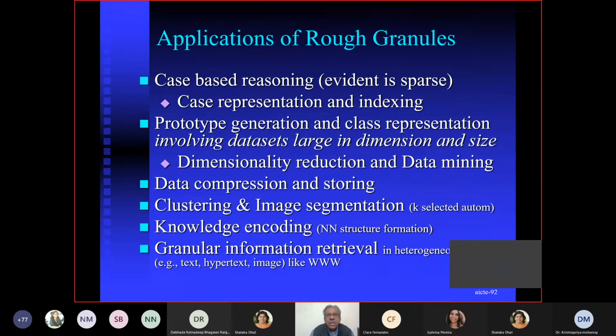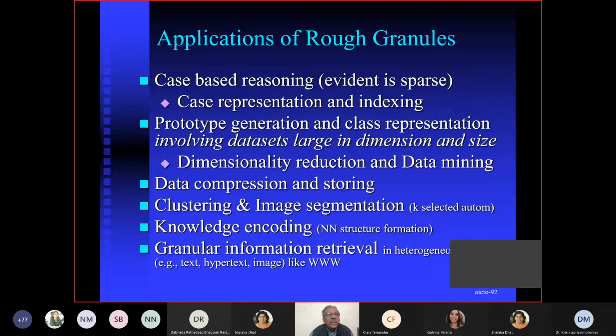Now I'll explain some applications of these granules. I explained applications of ICET, neural networks, and genetic algorithms. Now I'll explain some rough granule applications because you now have a fair idea about granules. There are so many applications. First of all, case-based reasoning, which you use when your data is sparse and you do not know the distribution, etc. Say you go to a medical doctor. What do they do?